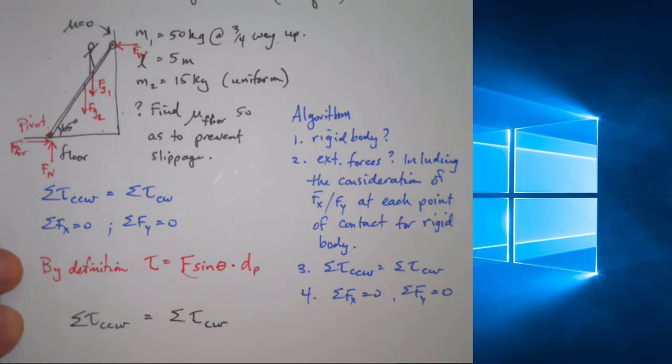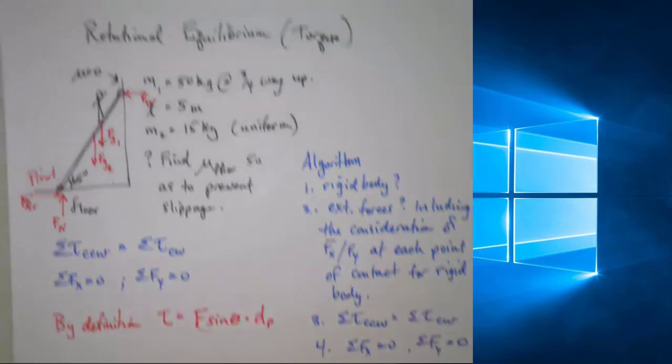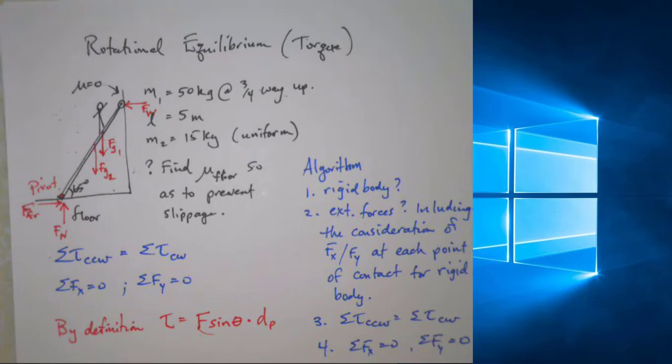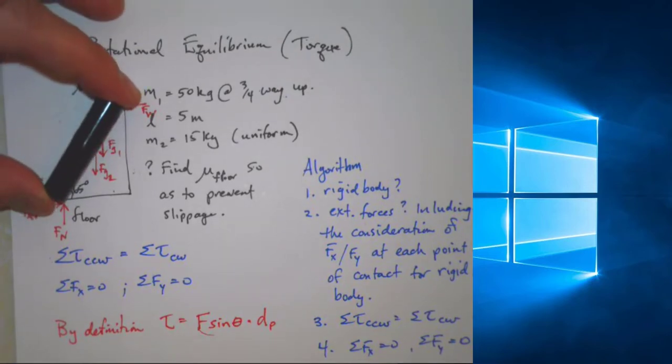Counterclockwise are forces that cause the object to rotate, or have a tendency to rotate, in the counterclockwise direction. So I am looking at the ladder here, just to make sure that we have this clearly explained. I am going to make this my ladder.